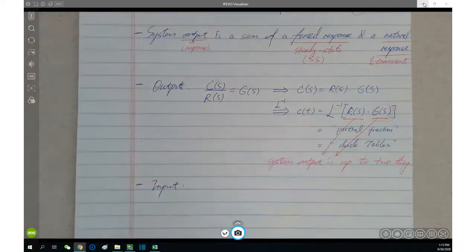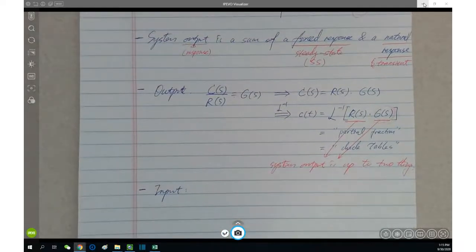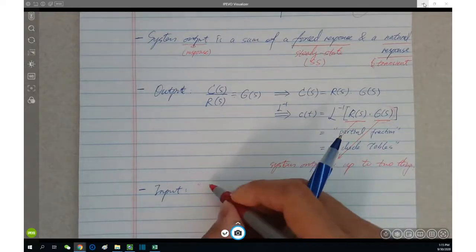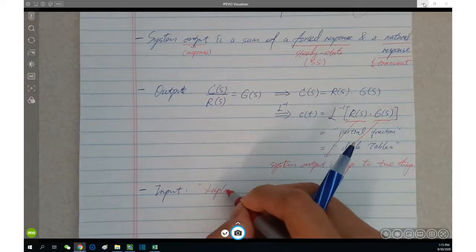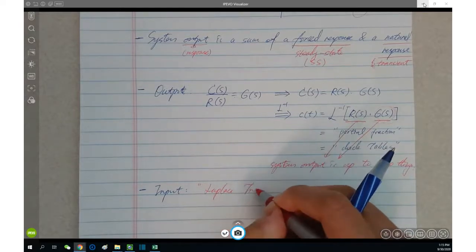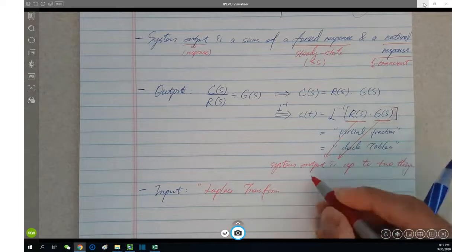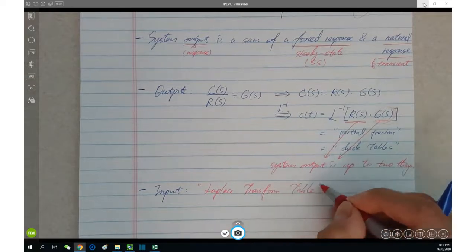And then we talk a little bit about input. Very easy. What input? For inputs, you want to go back to the handout, the Laplace transform table handout.